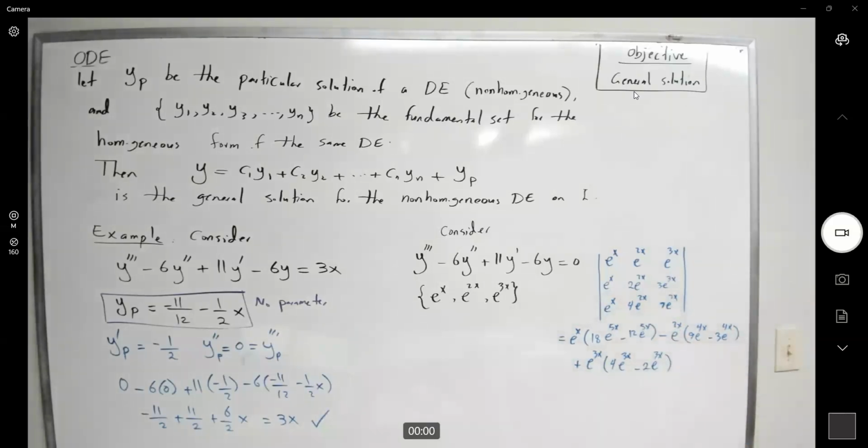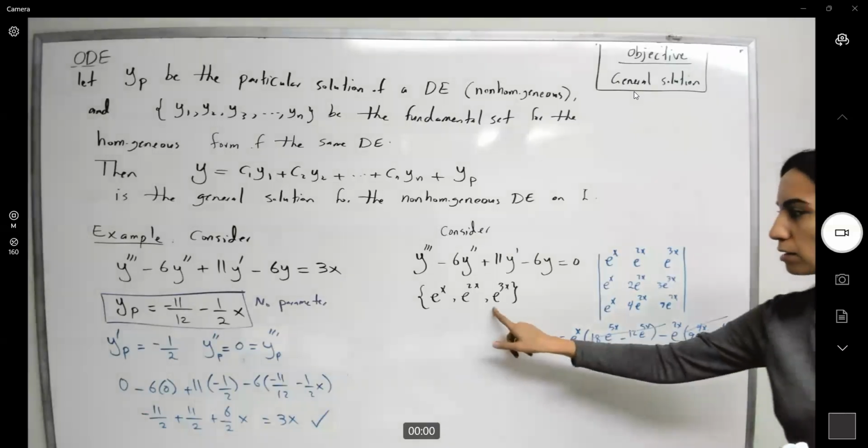As you can see, these two will be opposite of each other. You have 6e to 6x, and here you have negative 6e to 6x. They're opposites, so you can cancel them out, and you're left with 4 minus 2, e to 6x, which is not 0. So the Wronskian is not 0.